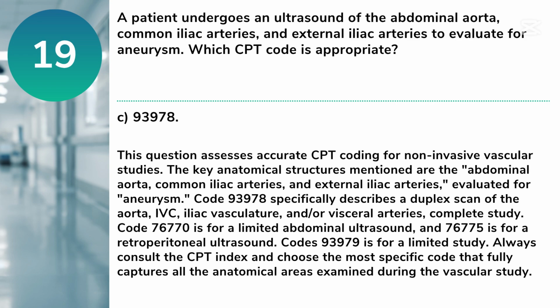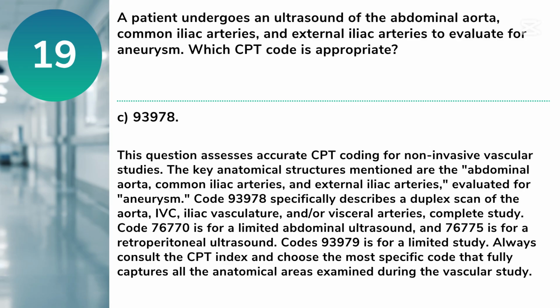Answer: C. 93978. This question assesses accurate CPT coding for non-invasive vascular studies. The key anatomical structures mentioned are the abdominal aorta, common iliac arteries, and external iliac arteries, evaluated for aneurysm. Code 93978 specifically describes a duplex scan of the aorta, IVC, iliac vasculature, and/or visceral arteries, complete study.